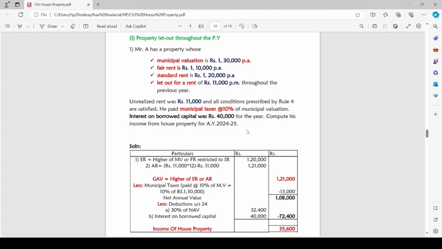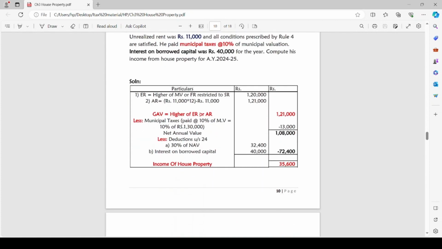We arrive at rupees 1,21,000, which is our actual rent. Gross annual value is higher of expected rent or actual rent. So the gross annual value is higher of 1,20,000 and 1,21,000, that is 1,21,000.